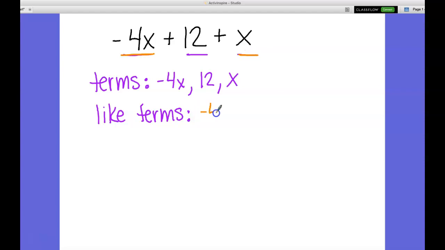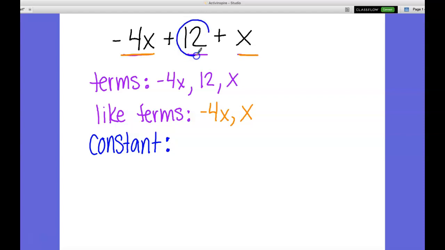So I would say negative 4x and x are like terms. We also talked about a constant. So my constant is my term without a variable, and this term right here does not have a variable, therefore that is my constant.